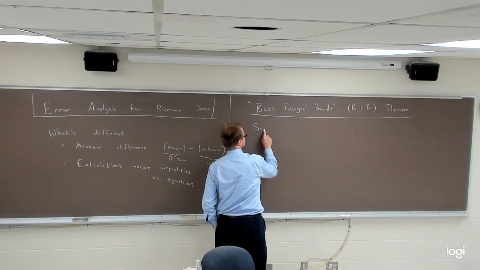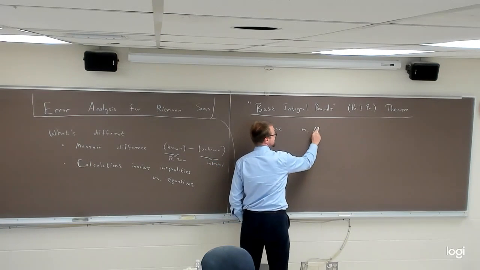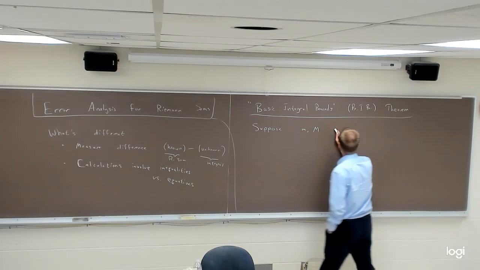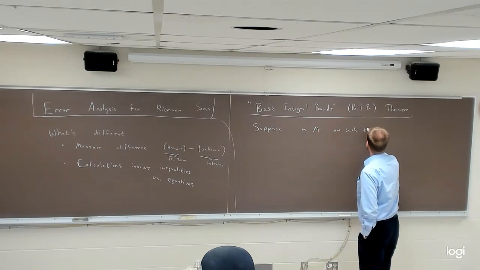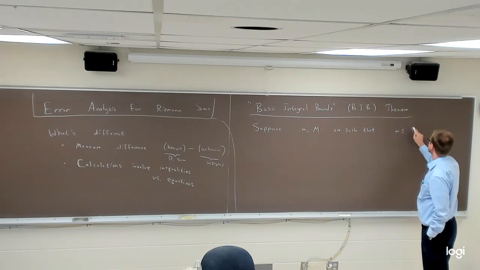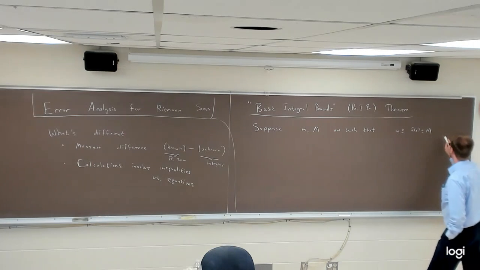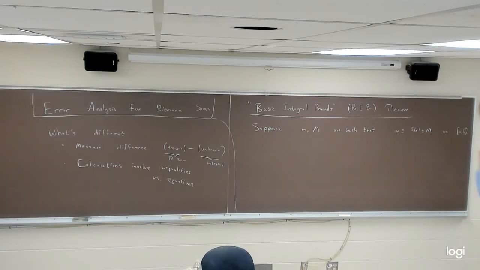Suppose lowercase m and capital M are two numbers such that a function f of x is between them, between lowercase m and capital M, on some interval a, b, meaning for all x in that interval.